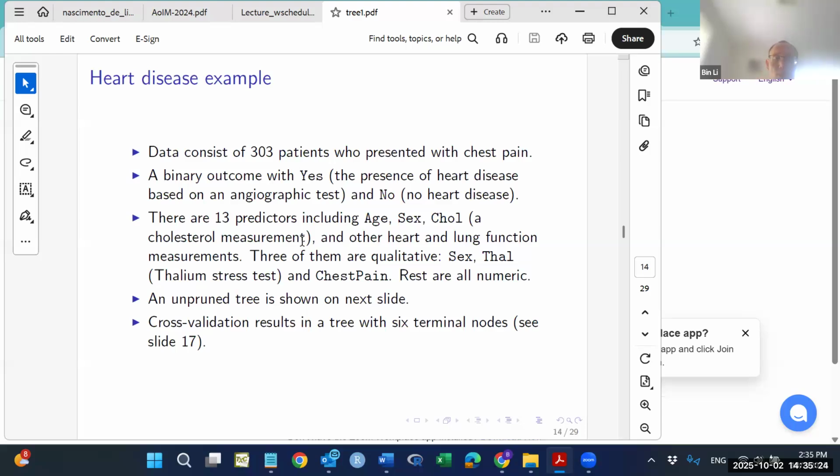Okay, now let's see an example. For the heart disease example, we have 303 patients who present with chest pain, and the outcome is binary, yes or no, for the presence of heart disease through a test.